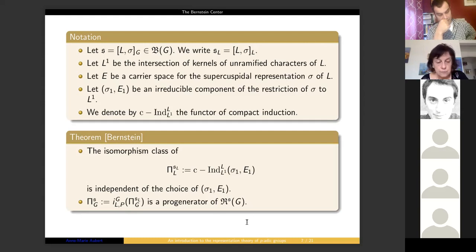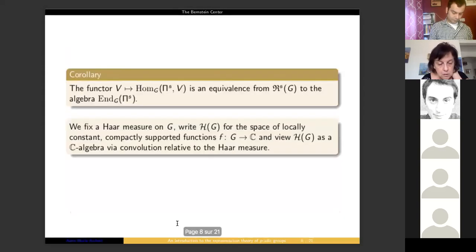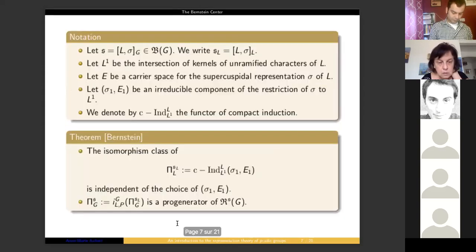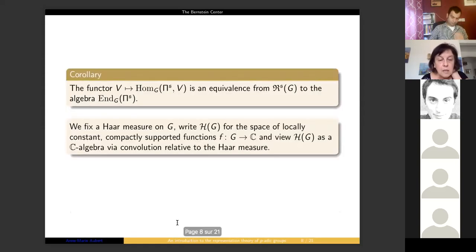So this is interesting. So this is due to Bernstein, and we can find proofs in a paper by Alan Roche, I think in Compositio, if I'm correct.